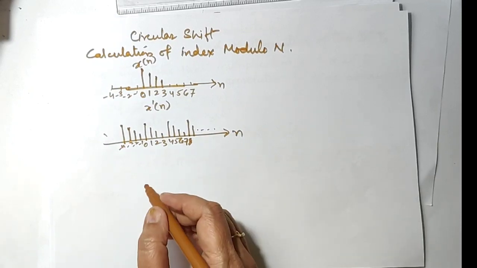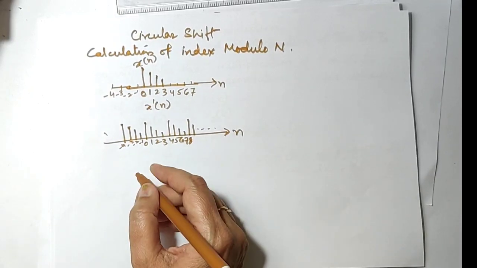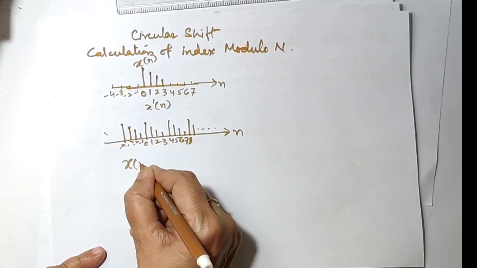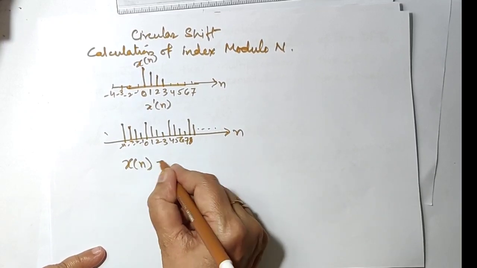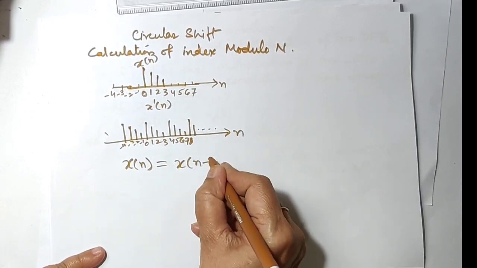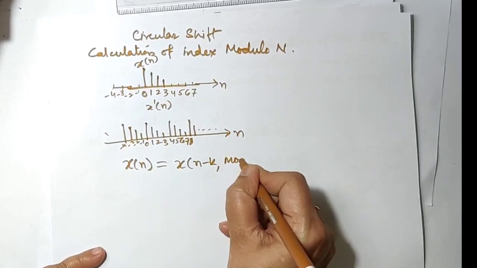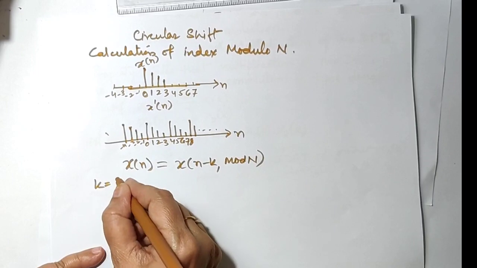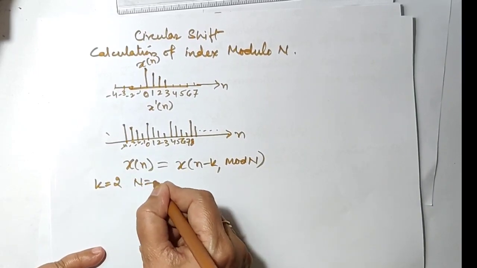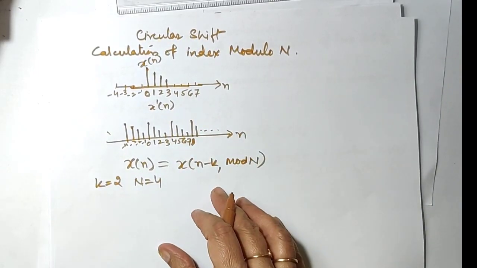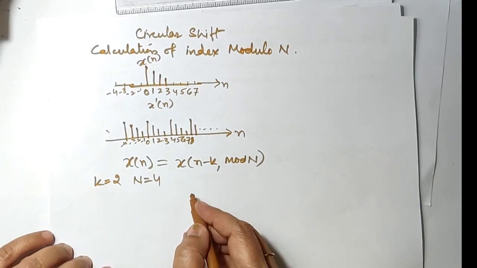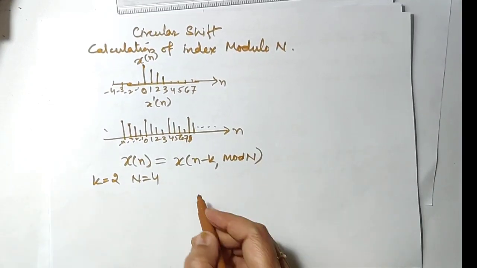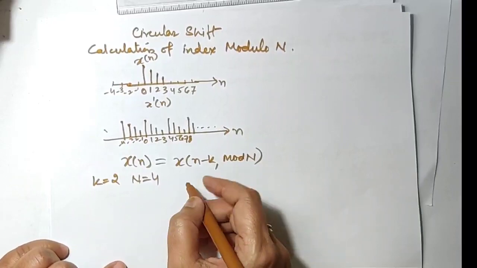Now our target is to calculate x dash n equal to x[(n minus k) mod N]. I just give one example. We take k equal to 2 and N equal to 4 in this section. Listen carefully.